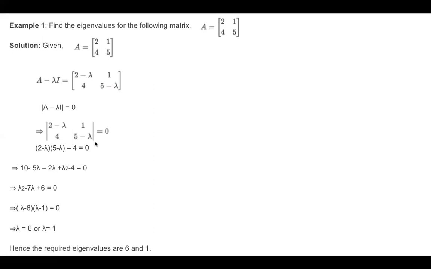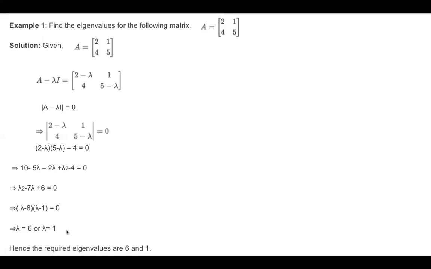We cross multiply, this multiplied by this, 4 multiplied by this, subtract, and it should be equal to 0. We get this after expanding. Then we solve this quadratic equation, and we compute lambda is equal to 6 or lambda is equal to 1. So this is how we find the eigenvalues.